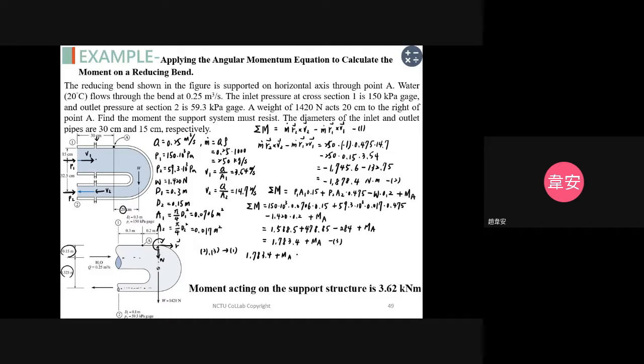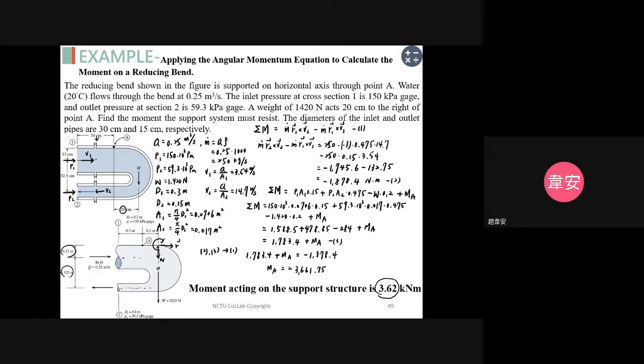equal to the minus 1878.4. So the MA is equal to the minus 3661.75. Okay, so it is quite close to the answer written down in here.